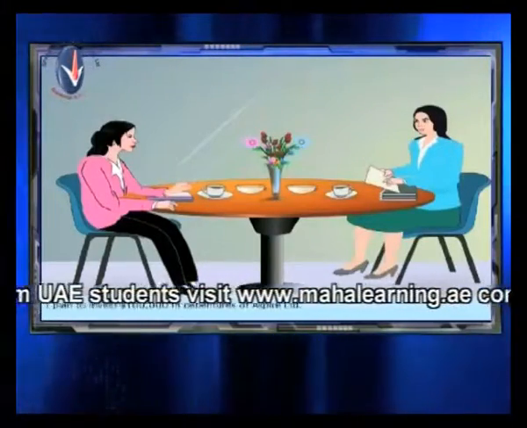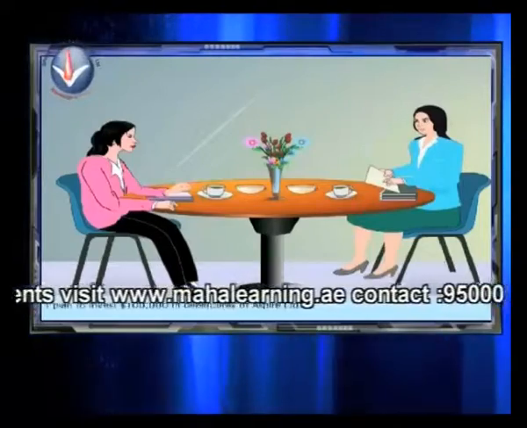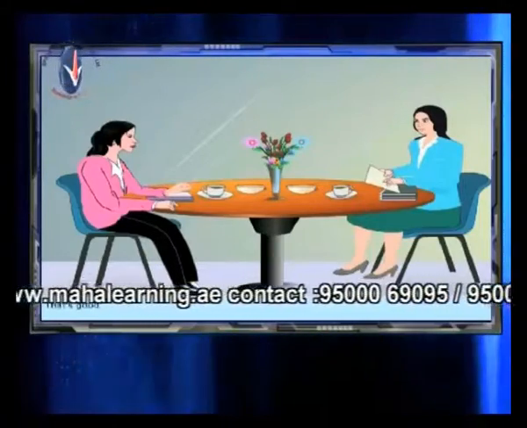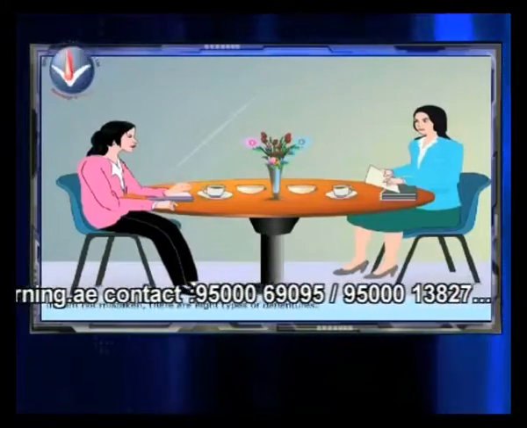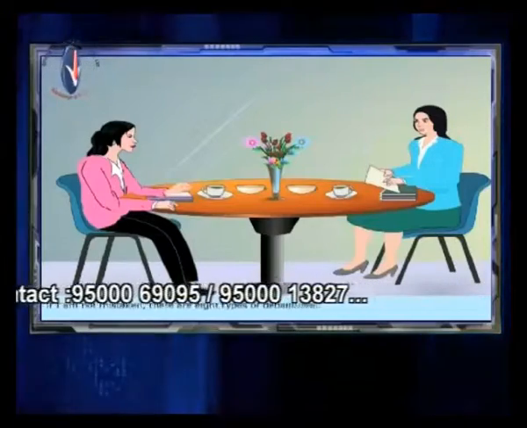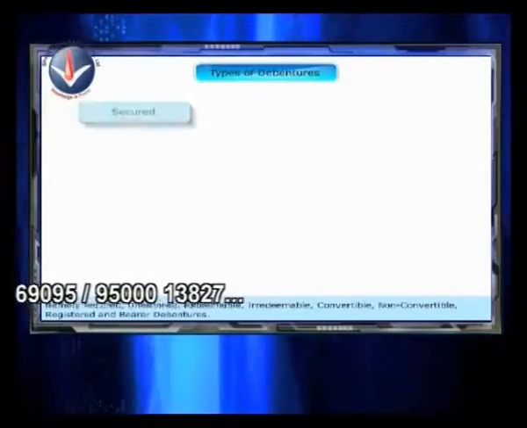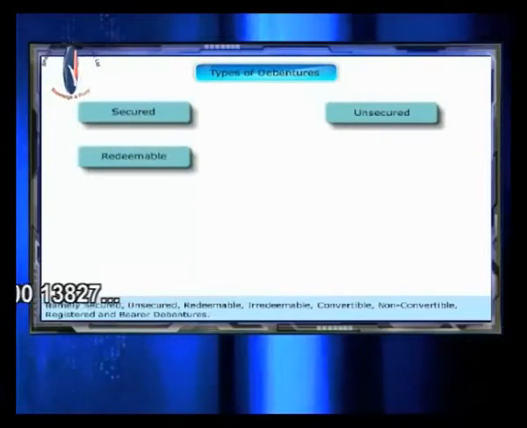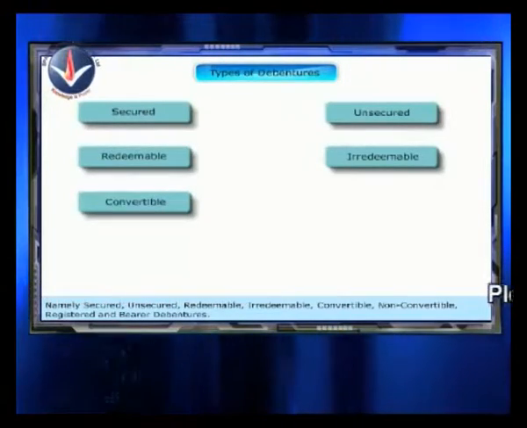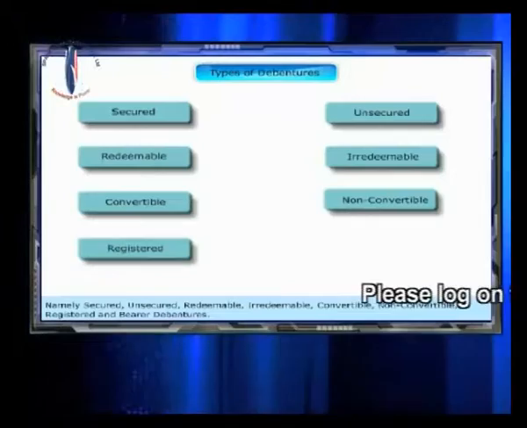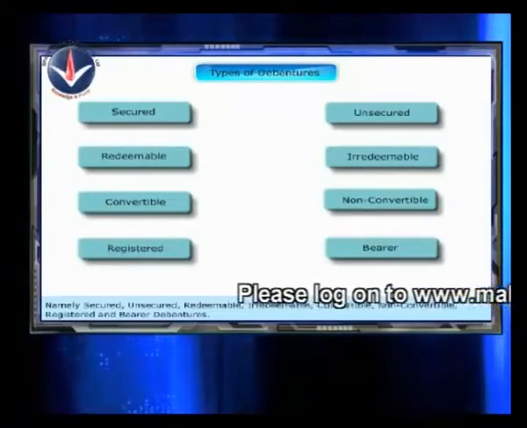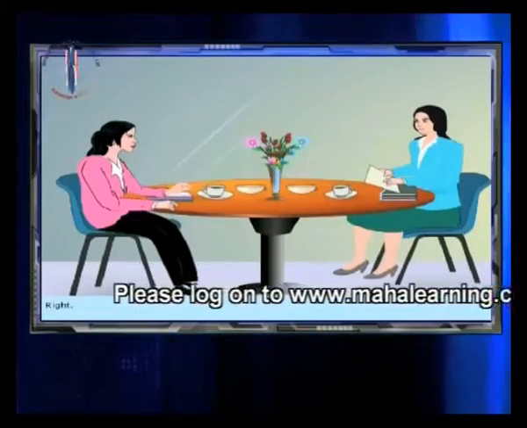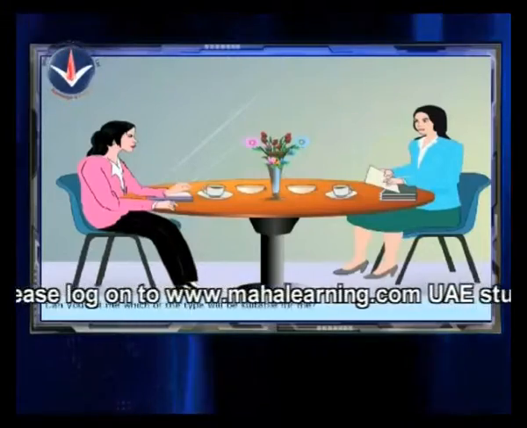I plan to invest $100,000 in debentures of Aspire Limited. That's good. If I am not mistaken, there are 8 types of debentures, namely secured, unsecured, redeemable, irredeemable, convertible, non-convertible, registered, and bearer debentures. Right. Can you tell me which type will be suitable for me?